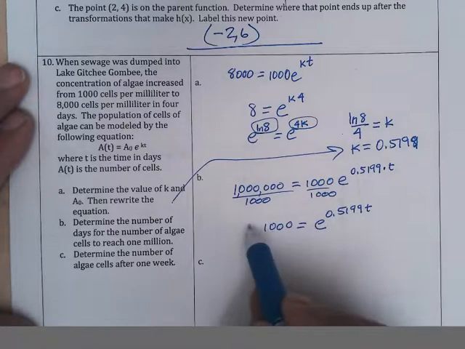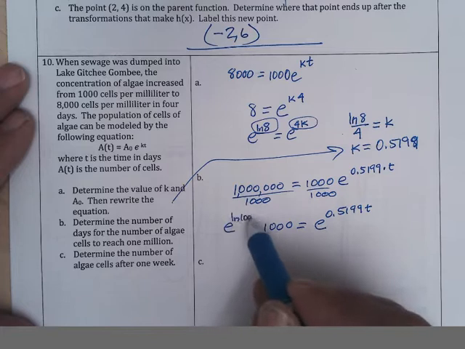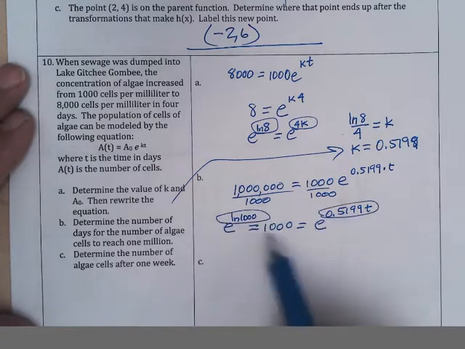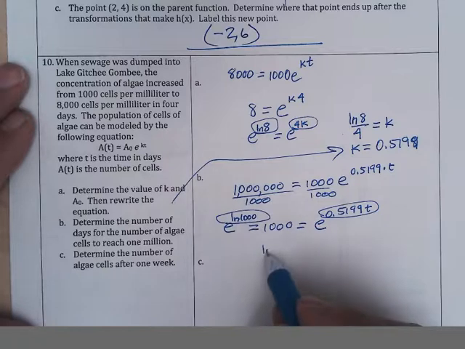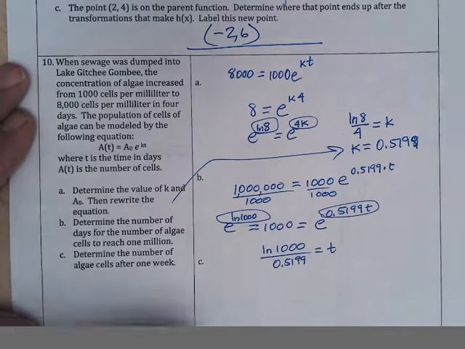If I write this in terms of base e, then this has to equal this. So all I have to do is take ln of 1,000 divided by 0.5199, and that will equal t.